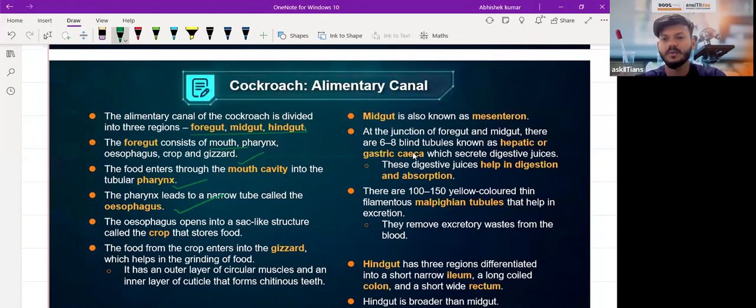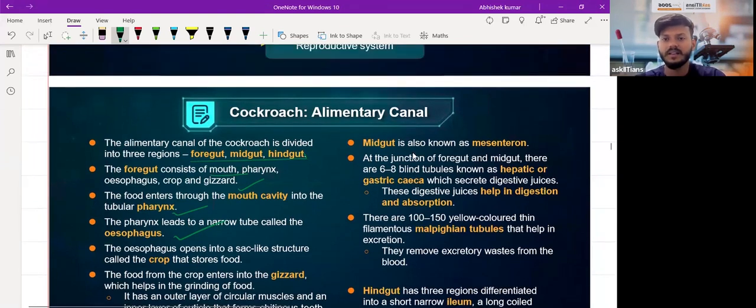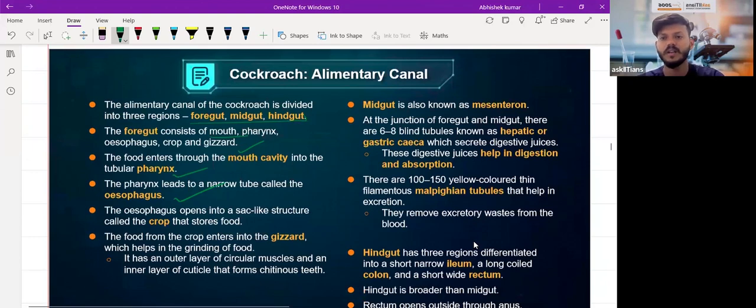The midgut is also known as the mesenteron. At the junction of the foregut and midgut, there are 6 to 8 blind tubules known as hepatic or gastric ceca, which secrete digestive juice. These digestive juices help in digestion and absorption.